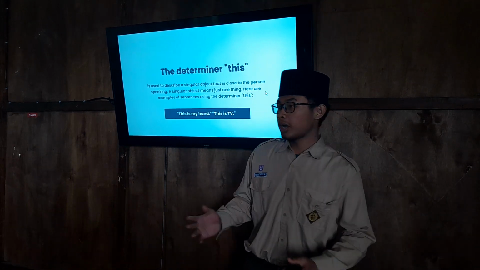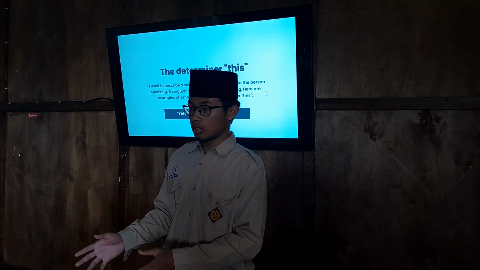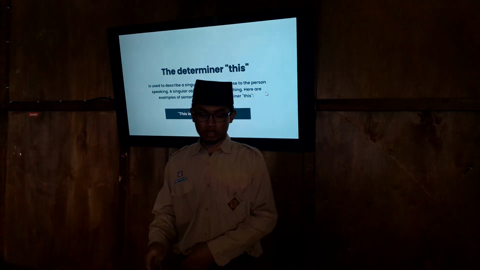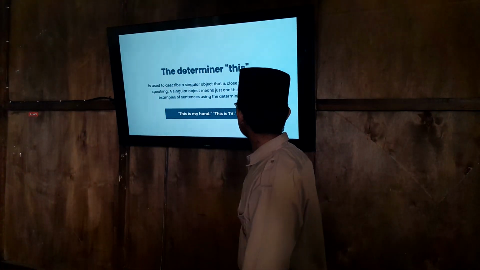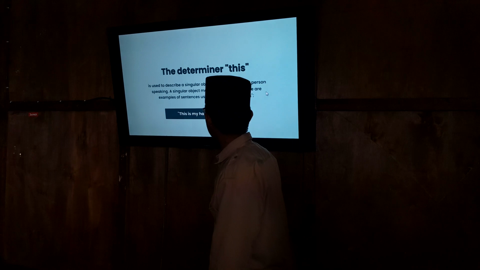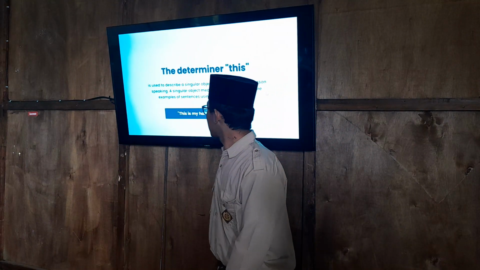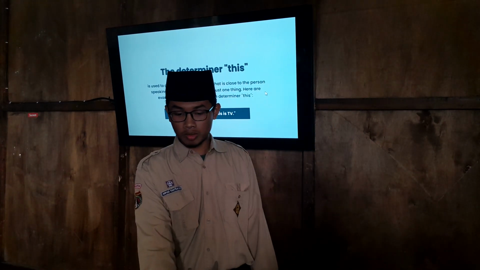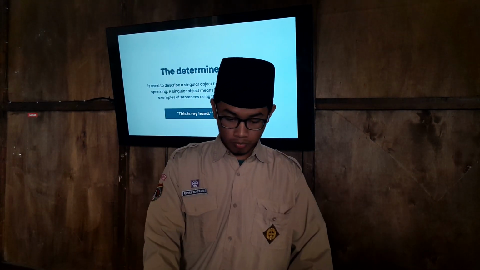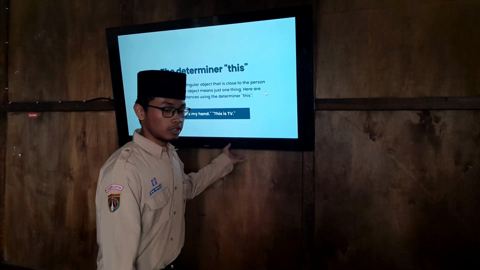So we use "this" if the thing is near us. It is a singular object that is close to the person speaking. A singular object means just one thing. Examples of using "this": this is a laptop that is near me, this is a table, this is a TV.